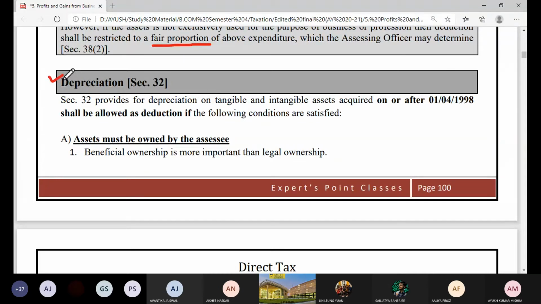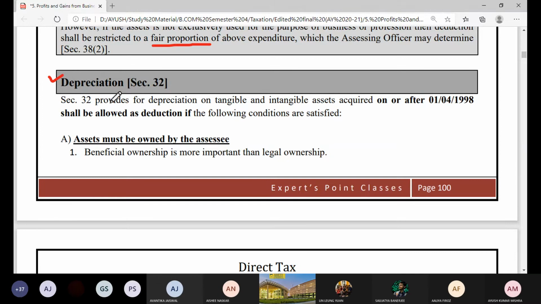But let me tell you that this is not the depreciation under accounting. It is depreciation as per the Income Tax Act, and it is way different from what we have studied in our accountancy. Depreciation under accounting is not the one that is accepted by the Income Tax Act 1961. They have their own method.